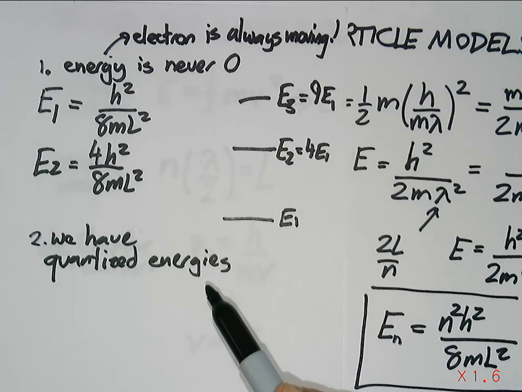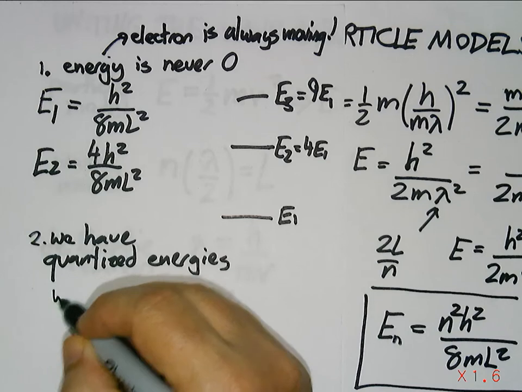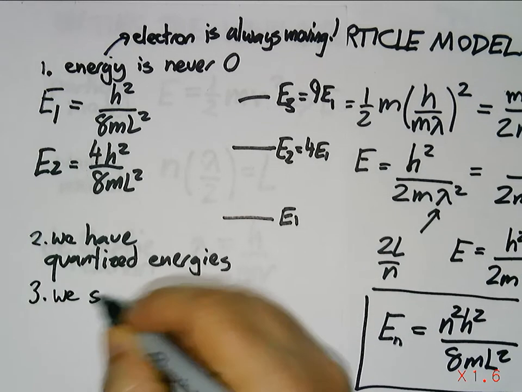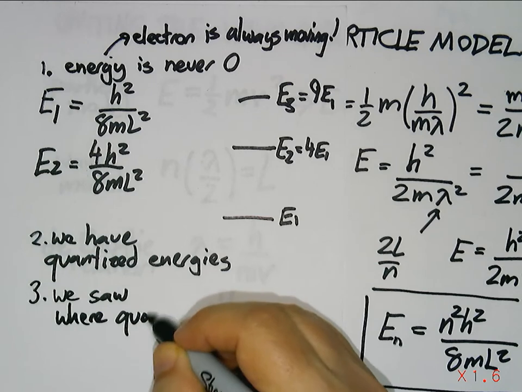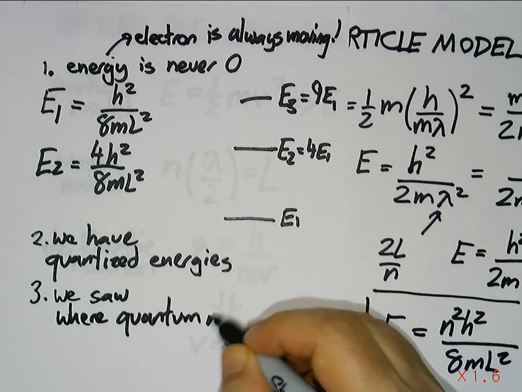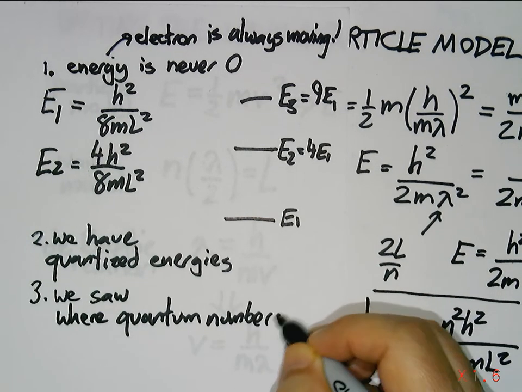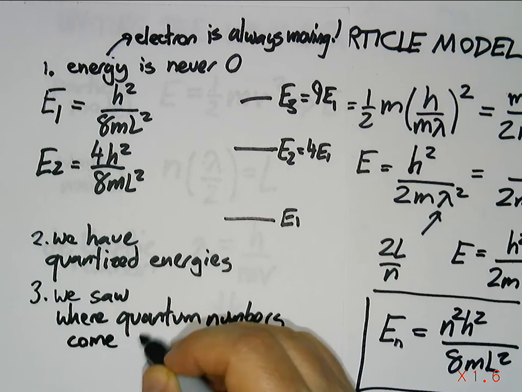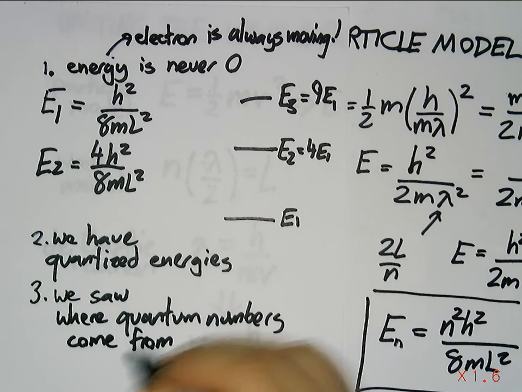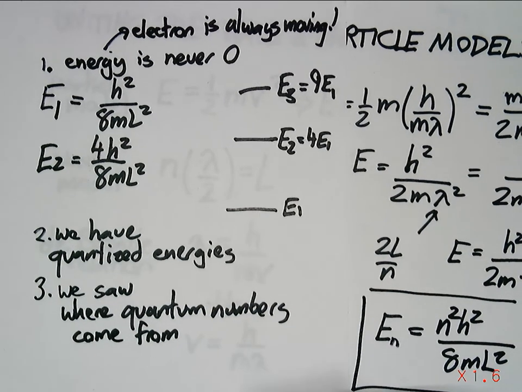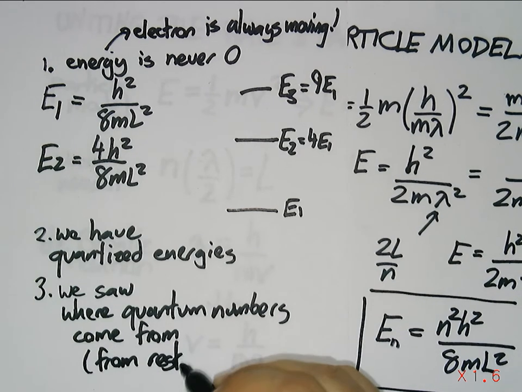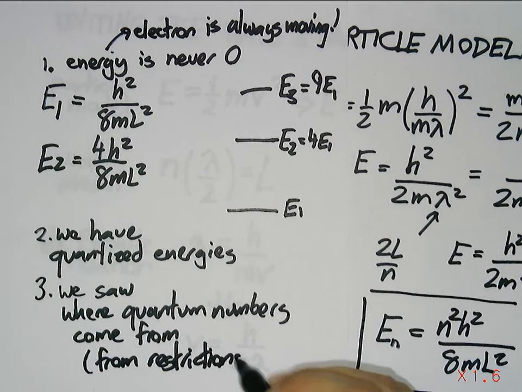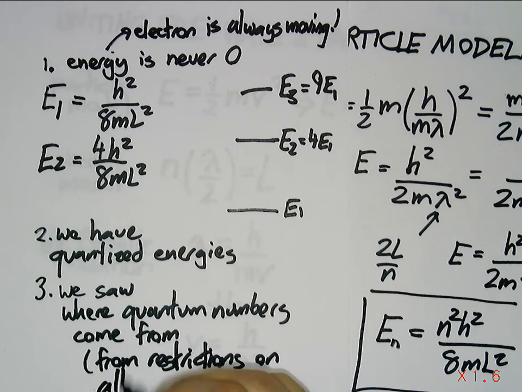We also saw how we have quantized energies, and we saw where quantum numbers come from. They come from restrictions on the allowed waves.